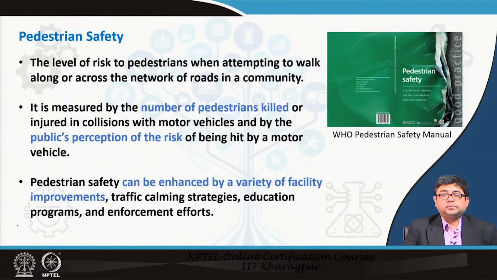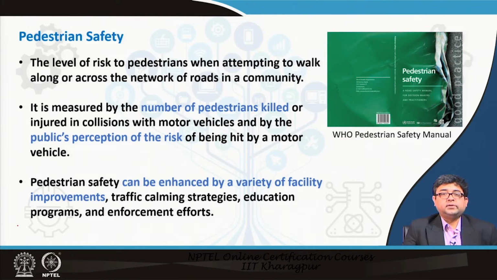It may be because of the volume of vehicles on the road, the speed of vehicles on the road, the condition of the vehicles on the road, and multiple other factors such as distraction while walking, such as poor road design. So, there are different factors that may give rise to a risk to the pedestrian while he or she is walking along the road or crossing an intersection.